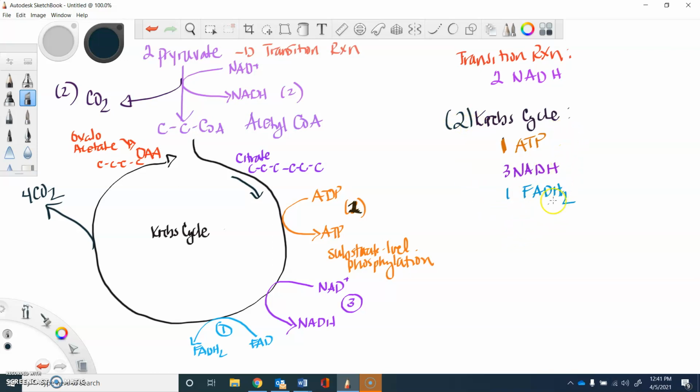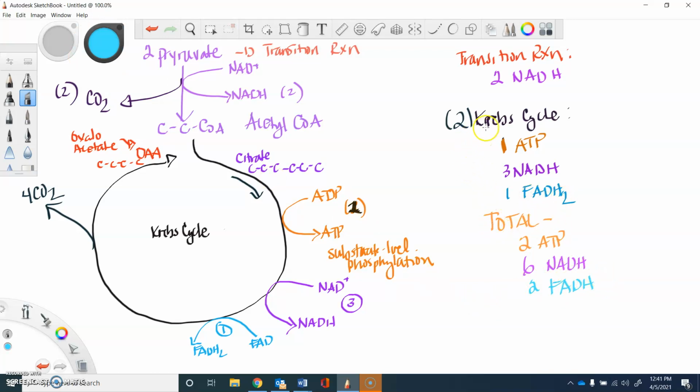So ultimately, in total, we're going to end up with 2 ATP, 6 NADHs, and 2 FADH2.